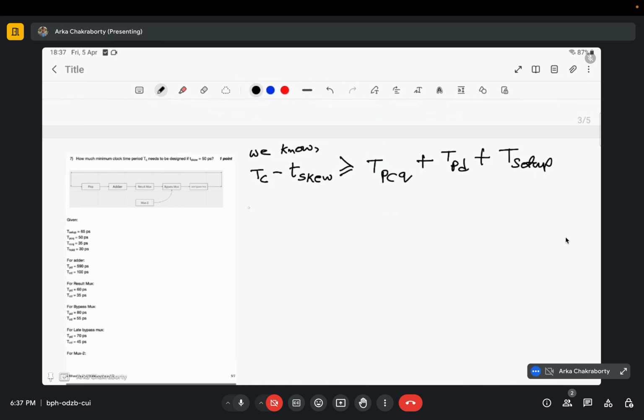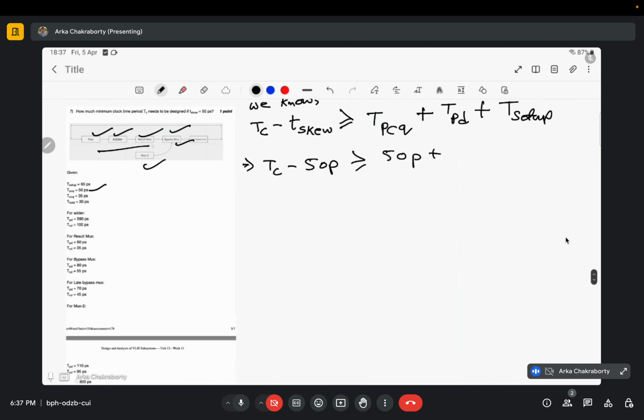Okay, so I have to find TC, and T skew is given as 50 picosecond, and TPCQ is again 50 picosecond. The propagation delay would be propagation delay of this one plus this one plus this one plus this one, or this one plus this one, whichever is greater.